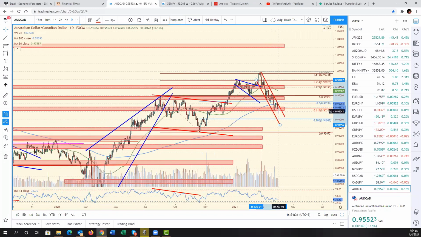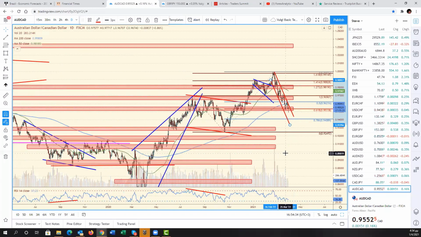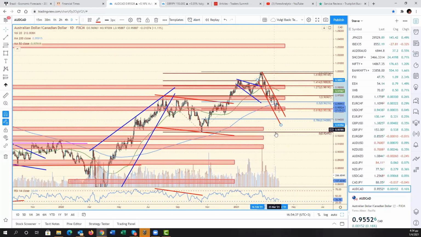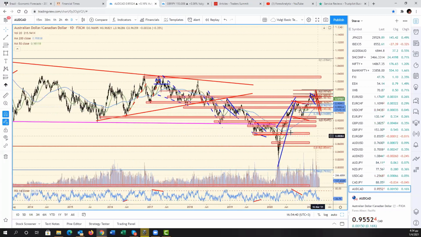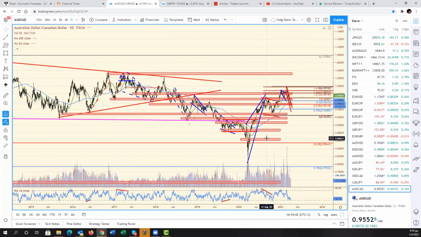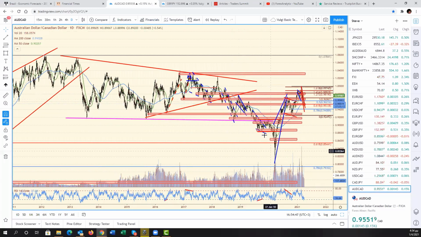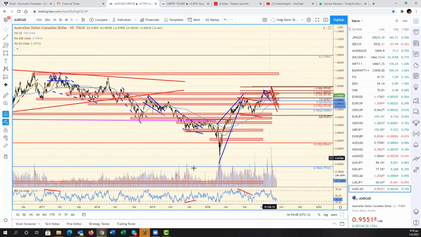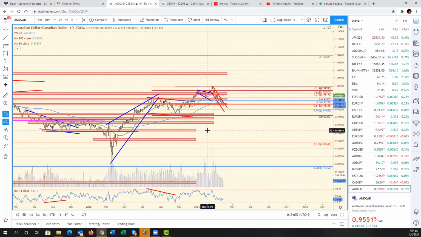61.8 seems to be holding on a daily closing basis, but it seems quite heavy. So we might be in need of a larger corrective move before we can continue higher. Don't forget, though, that bigger term, we've had a very sharp move lower here and a very sharp reversal.